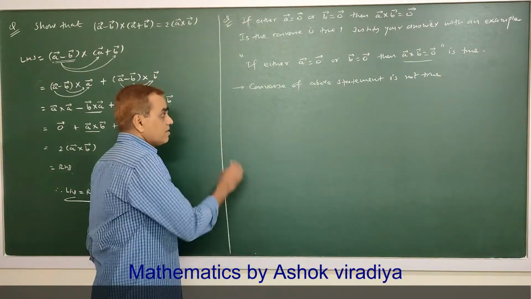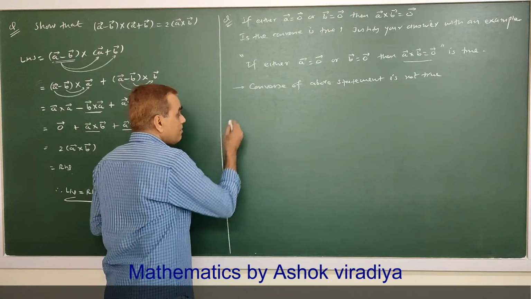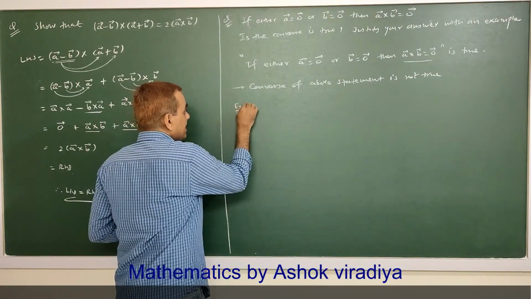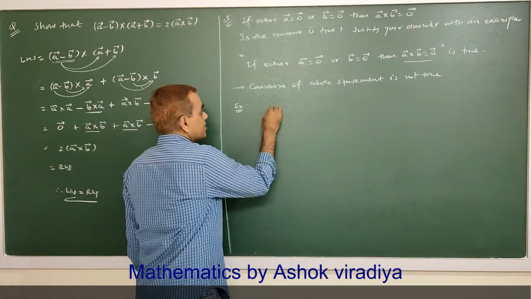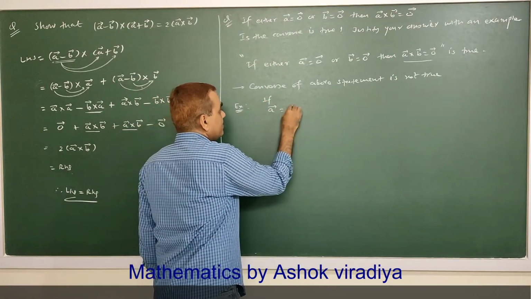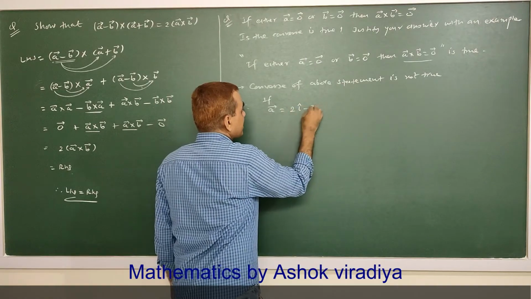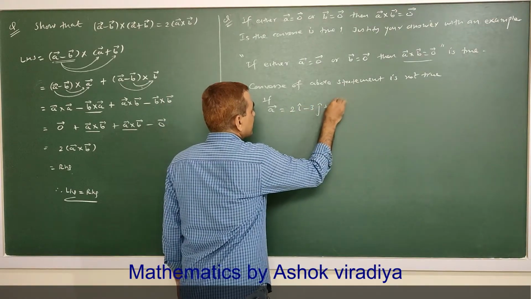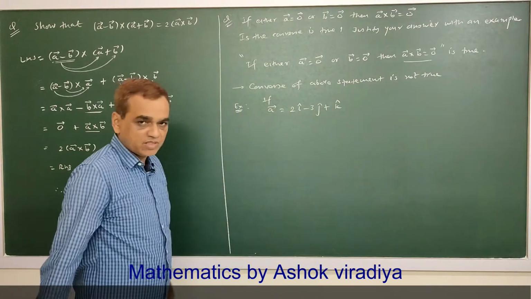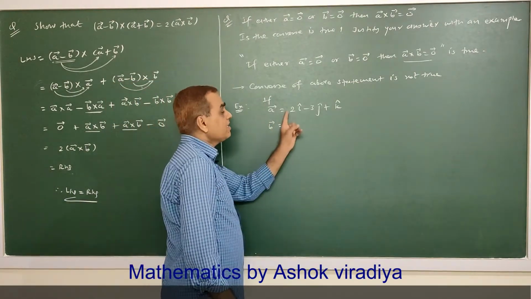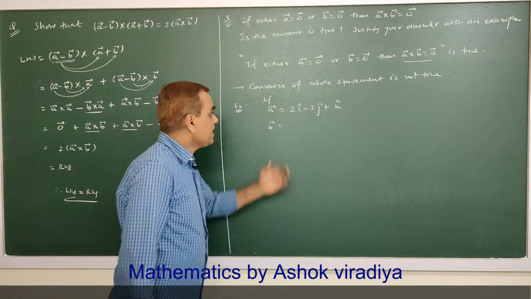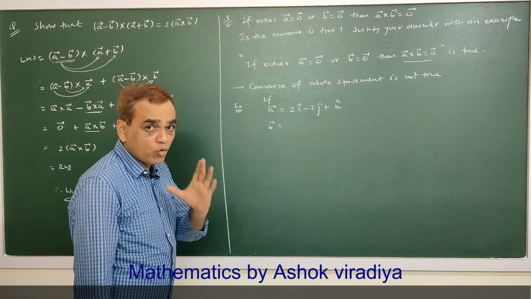The reason is, we are explaining by example. If vector A is, I am taking vector 2i minus 3j plus k, this is vector A. Vector B, say I am taking a multiple of vector A, a collinear vector.